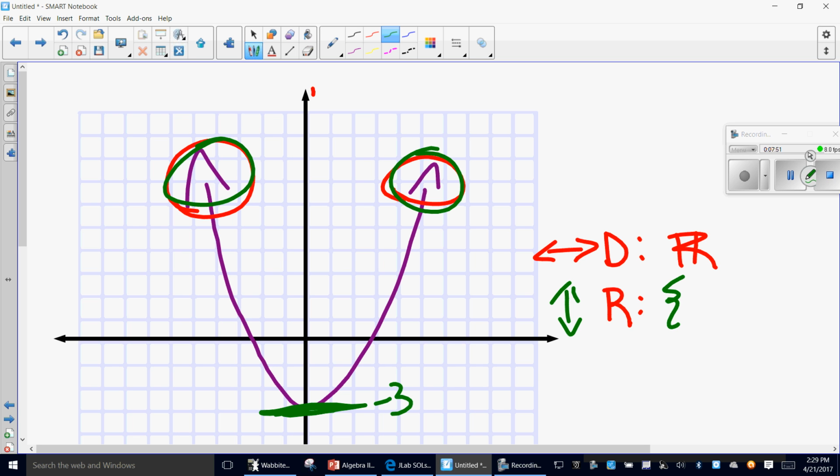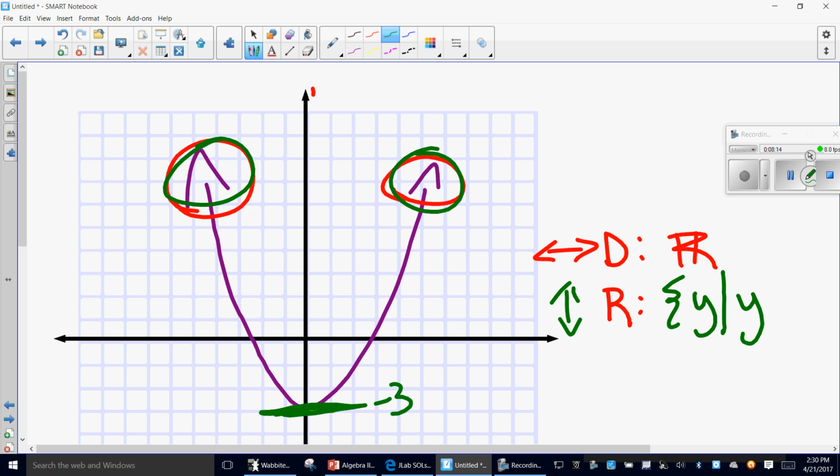So this is how we make our statements. We say that our range would be all y's, every y, such that, that's just more like a comma or a break, but it's a straight line, such that y is what to -3? Is my parabola on top of it or below it?